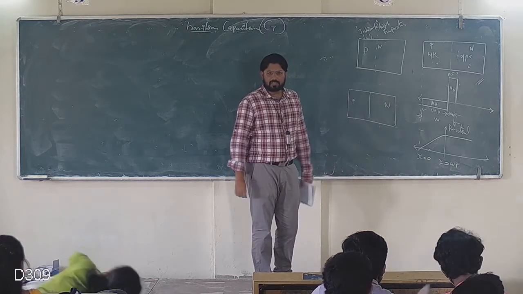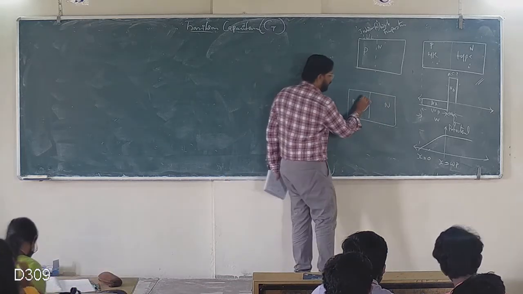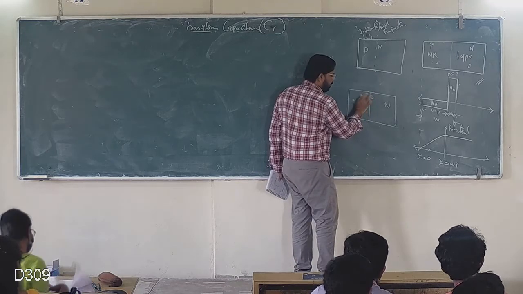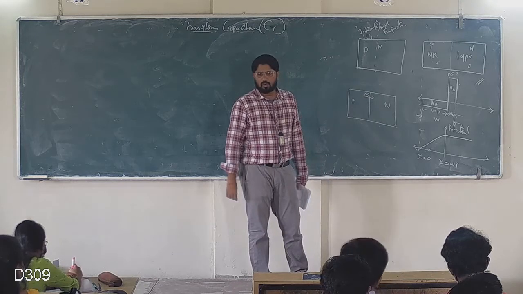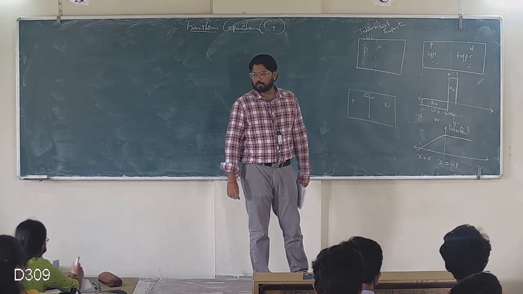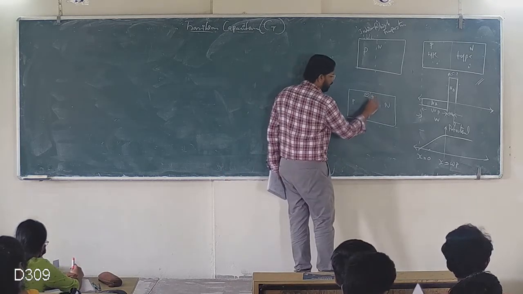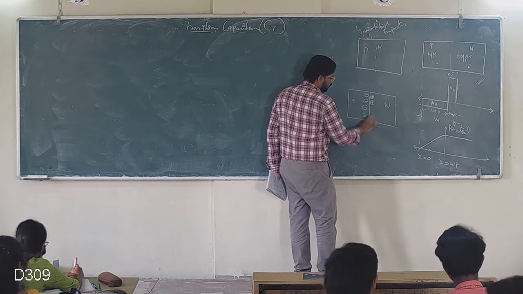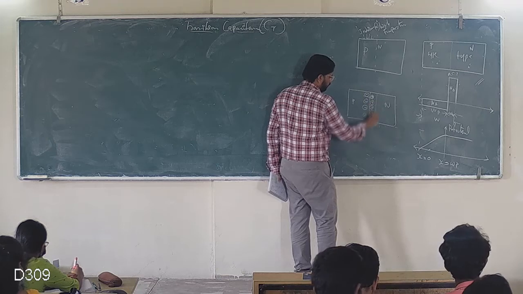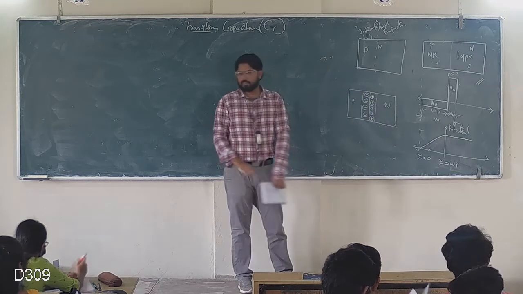We know P regions are rich in holes. When the P region loses its holes, it becomes a negatively charged ion. Again, the N region loses electrons, so it becomes a positive ion. This is called the depletion region.